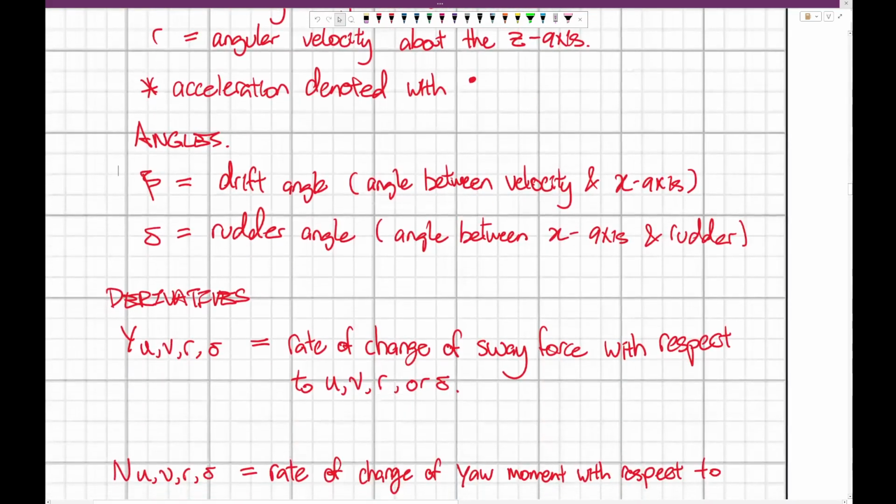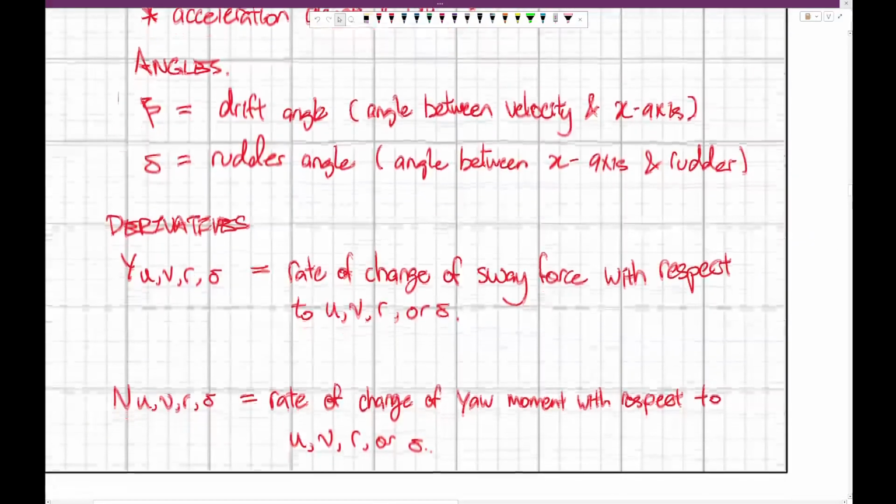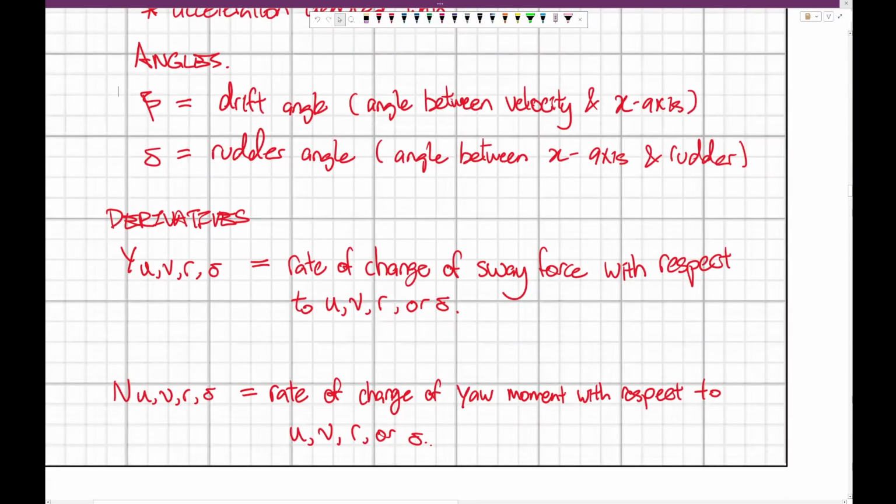And then we have a bunch of derivatives. Here I just denoted our sway force, basically the rate of change of our sway force with respect to U, which is the velocity or acceleration in the X direction.